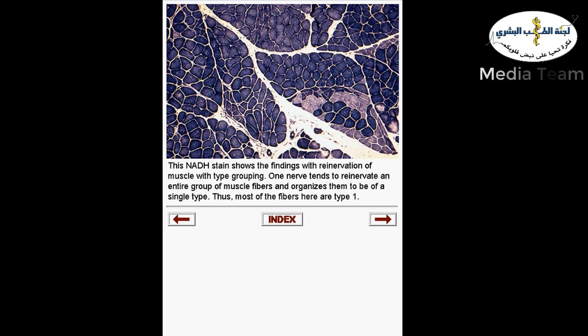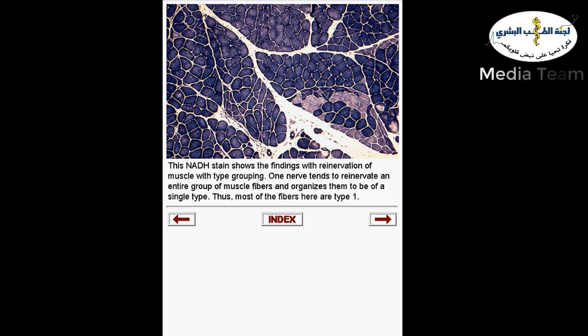So what happens is that the second nerve is going to re-innervate the muscle fibers, and we will lose the checkerboard pattern. We will only have one type of muscle fiber regenerating, according to which nerve is left and not injured.